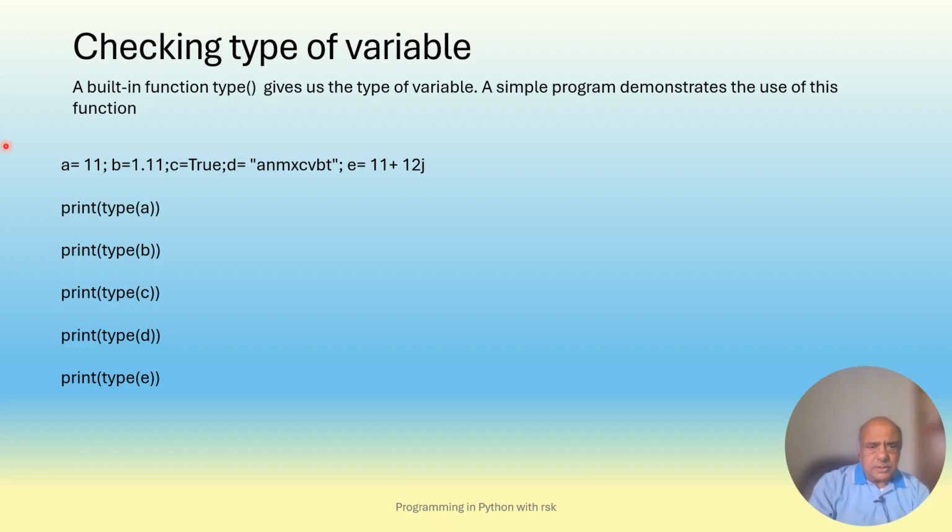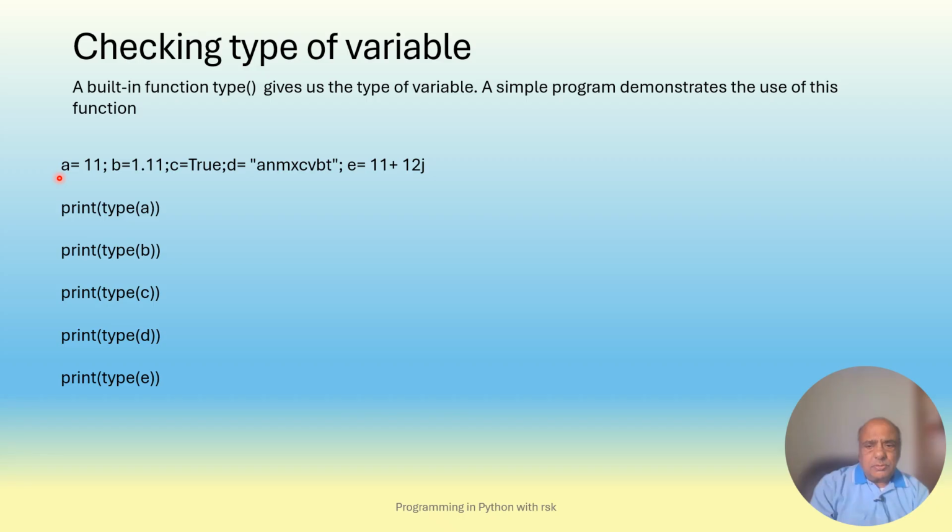We have declared and assigned values to four or five variables A, B, C, D and E. A is equal to 11, B is equal to 1.11, C is equal to true, D is equal to some string, E is equal to a complex number.